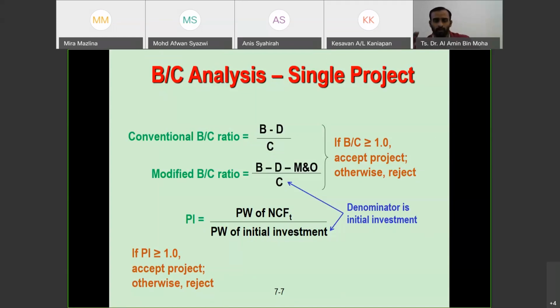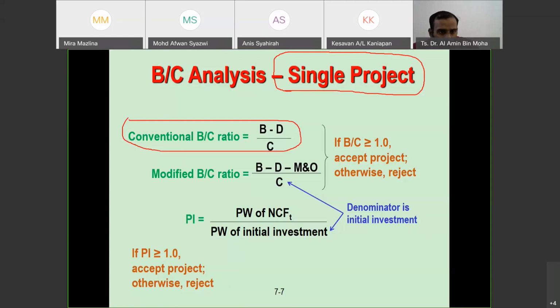As I told before, different natures of problem will have different approaches. This one is for a single project. Single project means you have one, and then we decide whether you want to take the offer or not. Usually this is the formula that is going to be used, either conventional or modified, as we discussed before. Here is maintenance and operation cost, so you have more additional information; say you're going to use this.